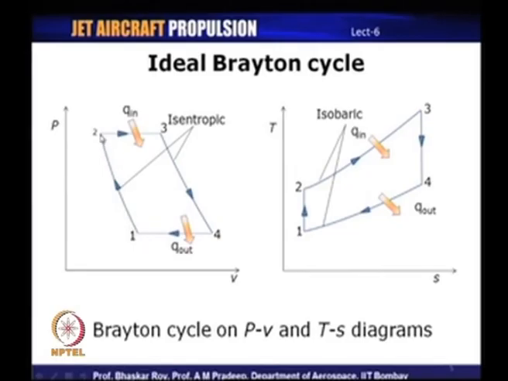At the end of this process, wherein the state is 2, heat is added, and heat is added at constant pressure. So, pressure is a constant between states 2 and 3. So, heat is added, that is Q in, as shown here.